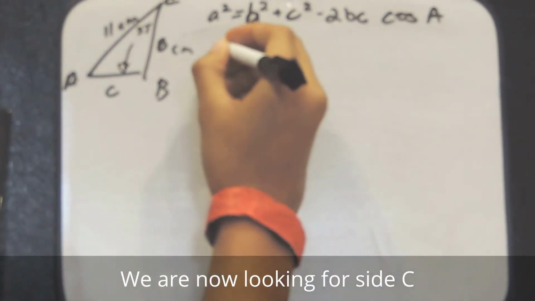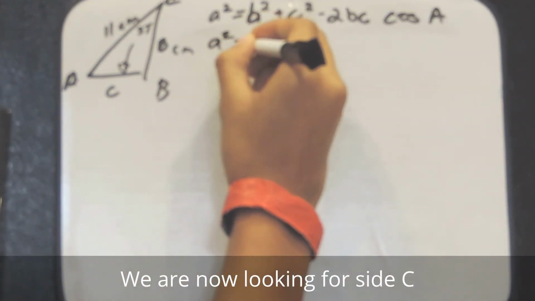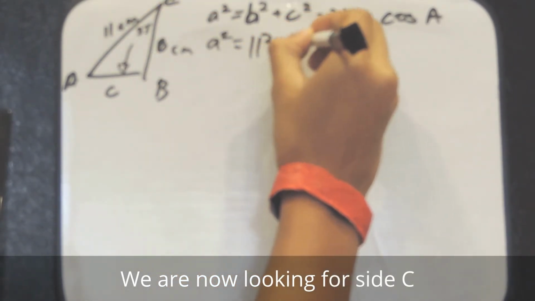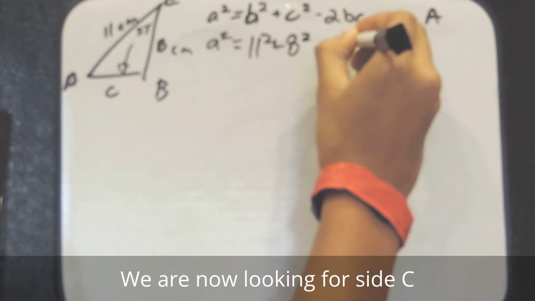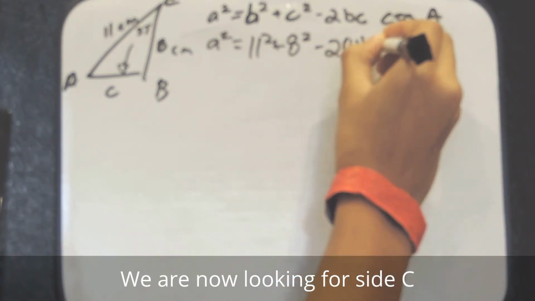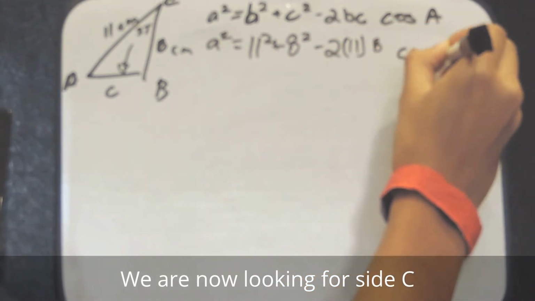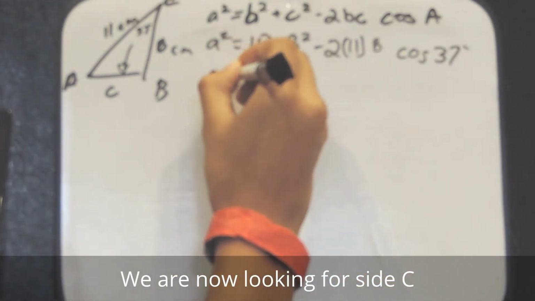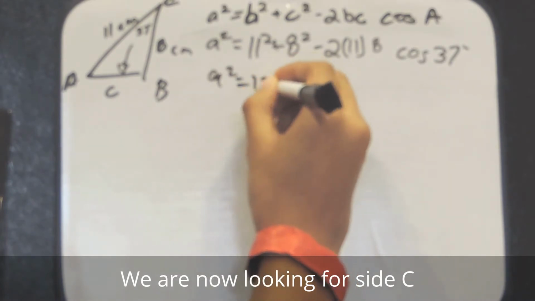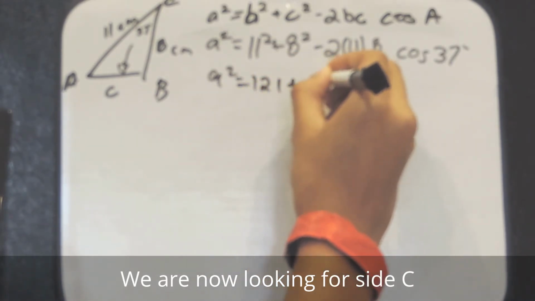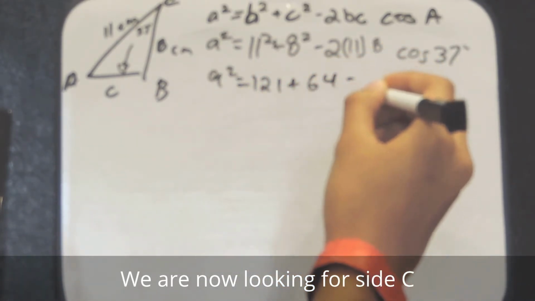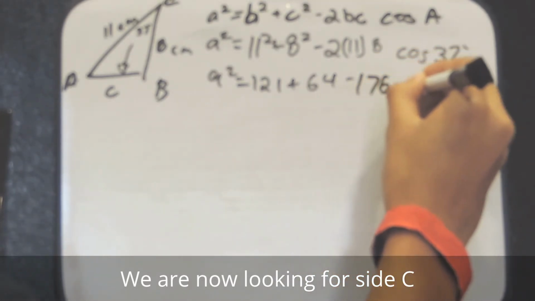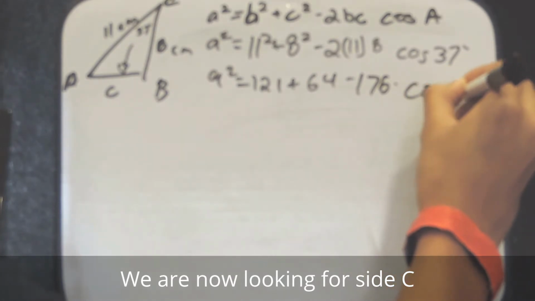So we'll start off the equation with a squared equals 11 squared plus 8 squared minus 2 times 11 times 8 cosine 37, which is our angle. Now we multiply all these numbers, so 11 squared, 121, 8 squared, 64, and then 2 times 11 times 8 will be 176 times cosine 37.